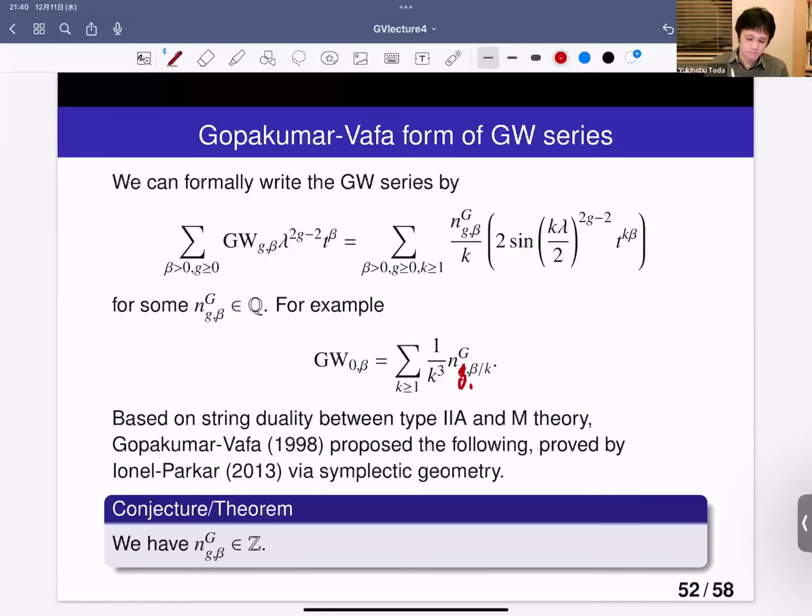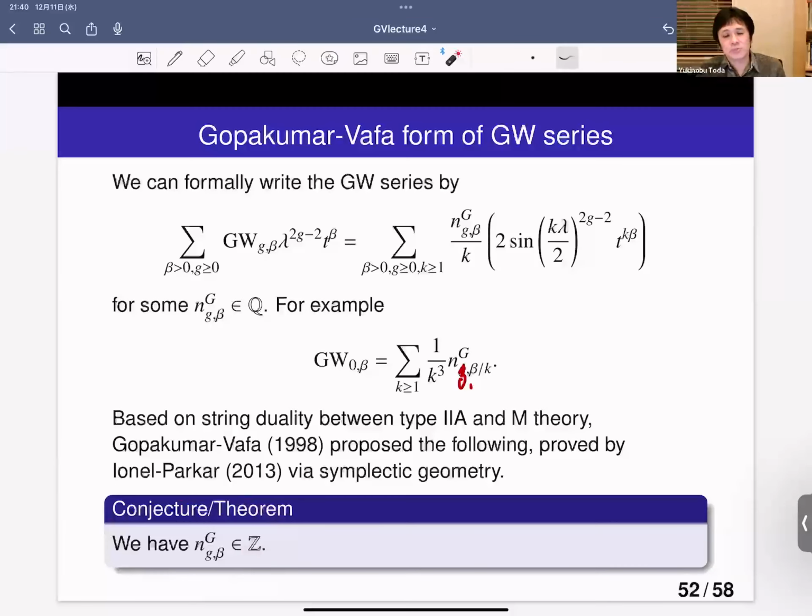So this is only genus 0. For genus 0, it is computed from the genus 0 Gromov-Witten invariant by induction on the divisibility of the curve class beta. And the conjecture proposed by Gopakumar-Vafa, which was proven by Ionel and Parker using symplectic geometry, is that this one is in fact an integer.